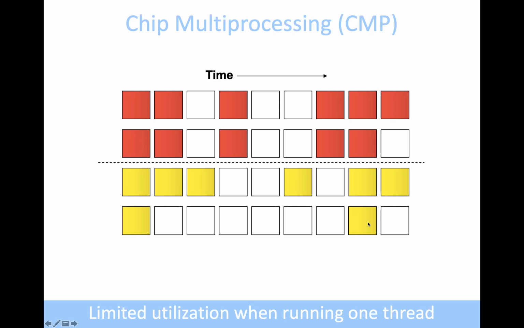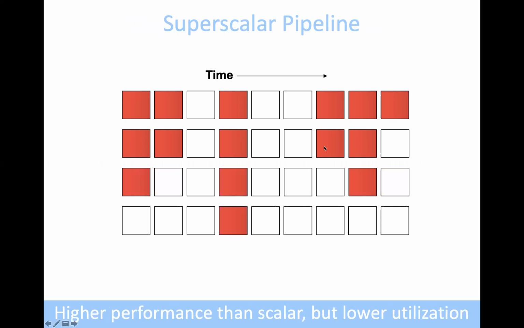There's a slight amount of performance loss for each individual thread, each individual task, because in the earlier case you had four pipelines executing just that one task.